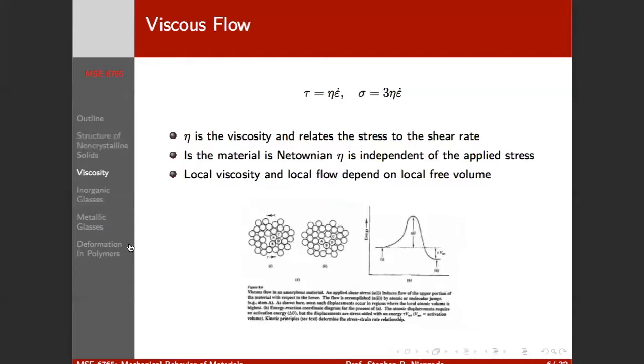And it may be Newtonian if it's independent of the stress. So at very high temperatures, things will behave Newtonian. At lower temperatures or lower strain rate, the viscosity is going to be non-Newtonian.